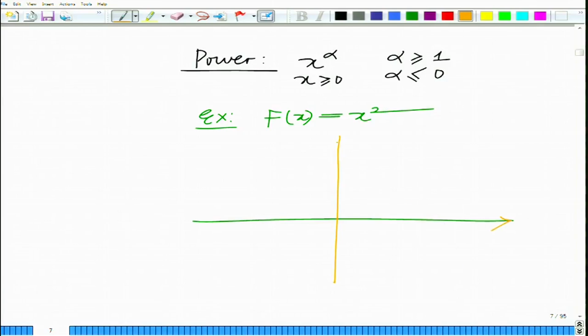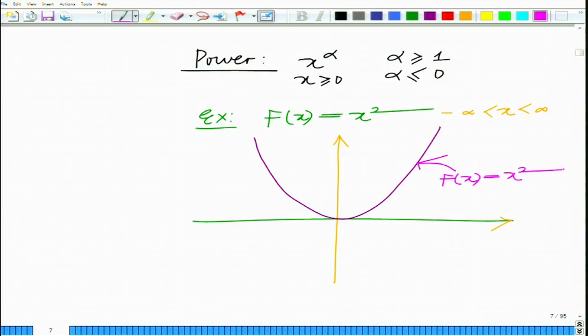In fact, f of x equal to x square can be defined for the entire line, minus infinity less than x less than infinity, and it looks something like this. At x equal to 0, it is 0, and this is your classic example of a convex function.